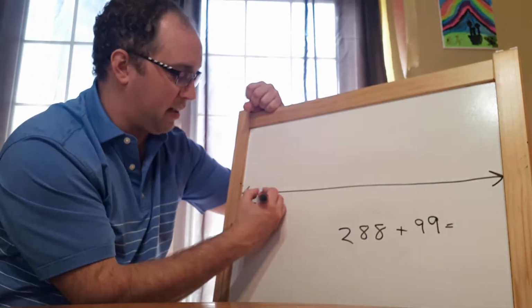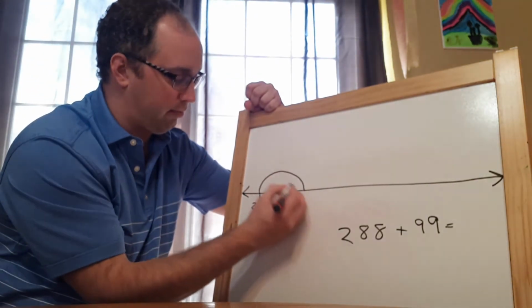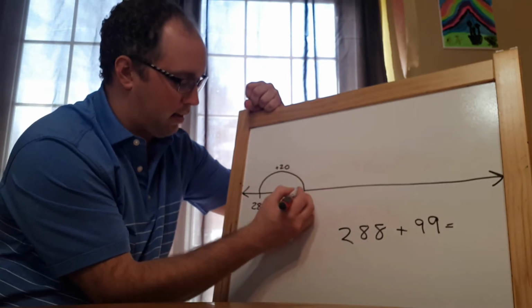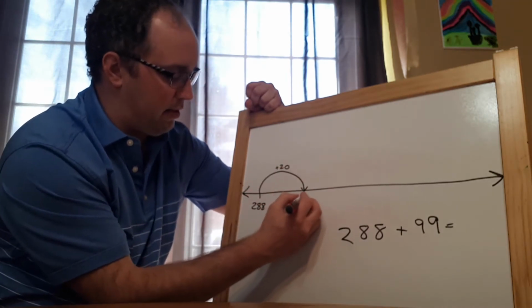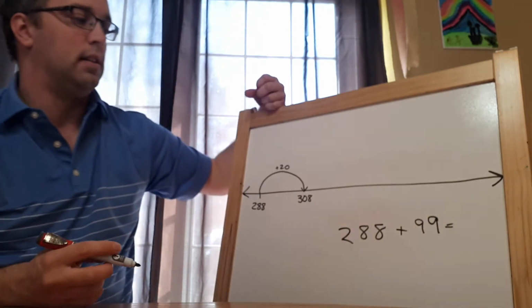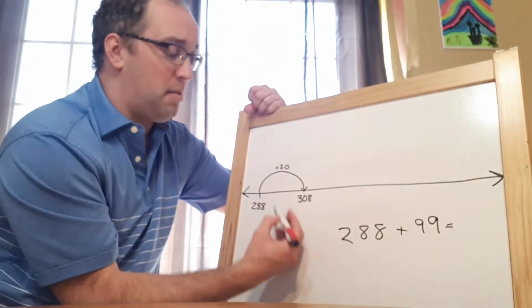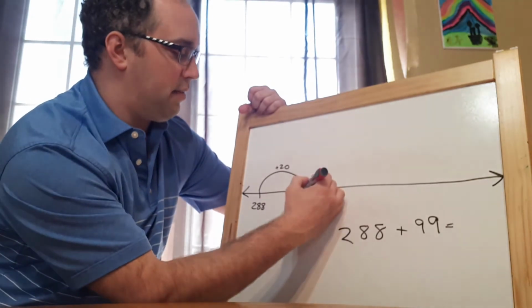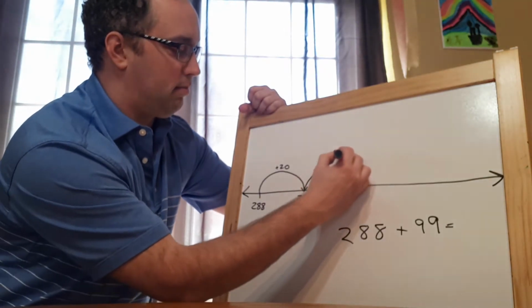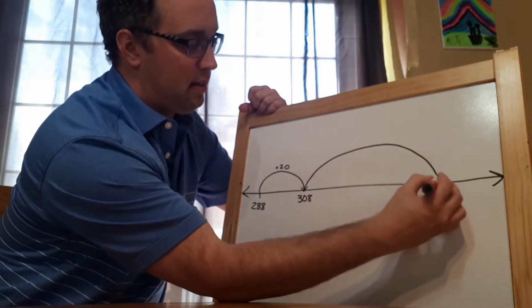So first one, I'll make a jump of 20. And that will take me to 308. So I've used 20 of it. I'm at 308. Now I'm going to make a jump of 70, the rest of the 90. It's going to be quite a bit bigger.